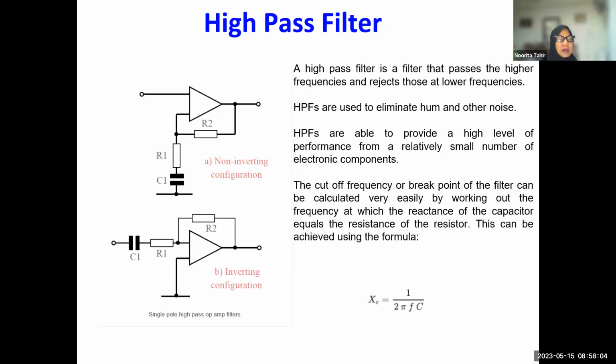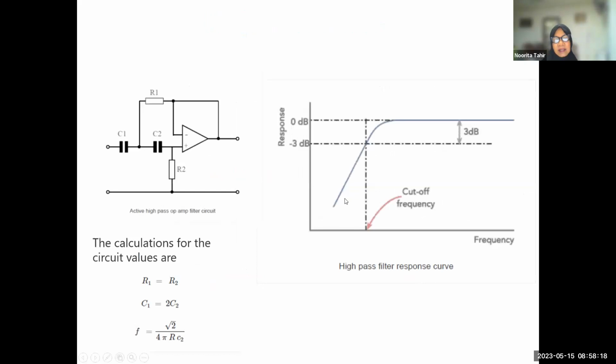The use of a high pass filter is normally to reduce hum and noise in audio. Again we are using the same frequency here. This is the frequency response of a high pass filter and the circuit of it.